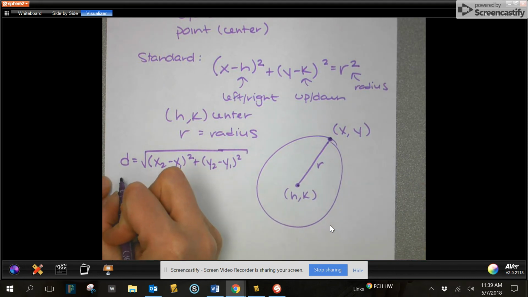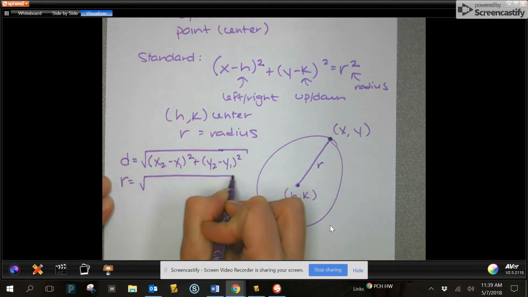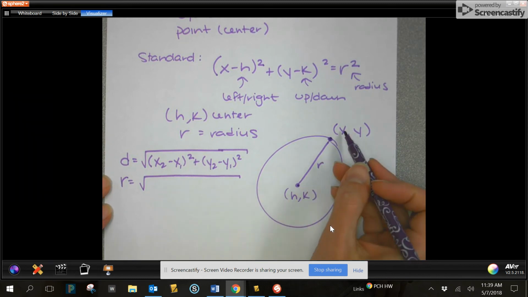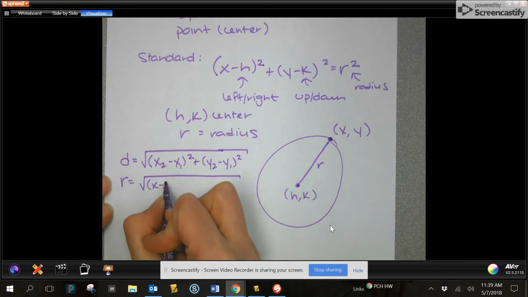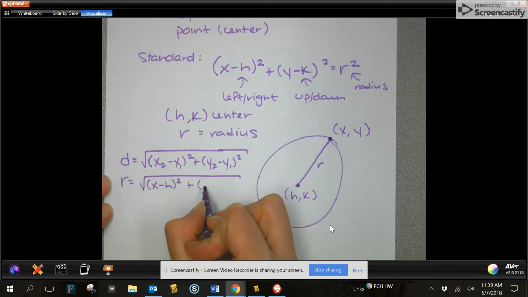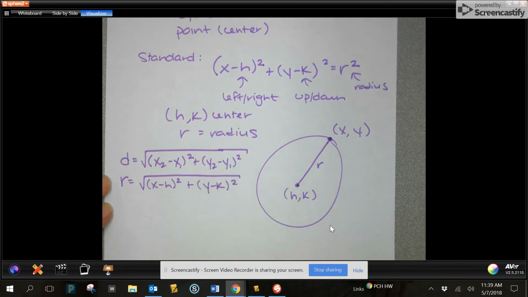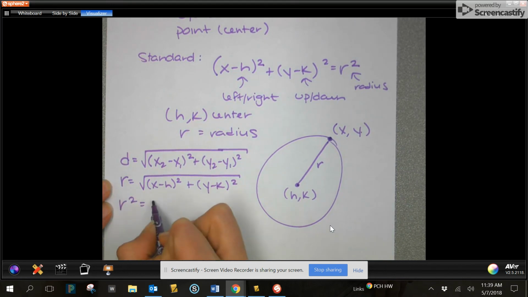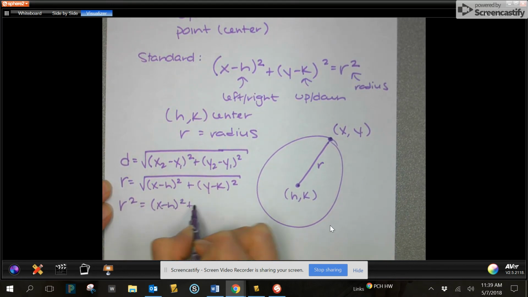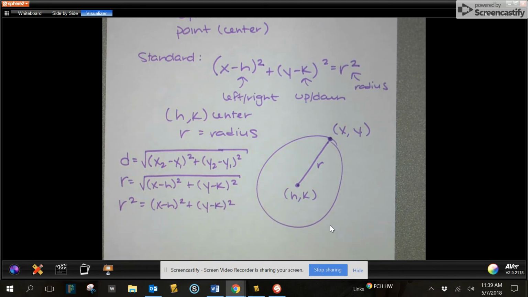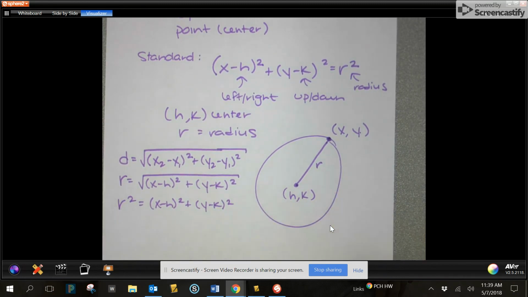So the distance is the radius, and your 2 points give x - h, those are your x values, squared, plus (y - k)^2. And then from here, if you square both sides, you get r^2 = (x - h)^2 + (y - k)^2, which is the same as the standard form of a circle.